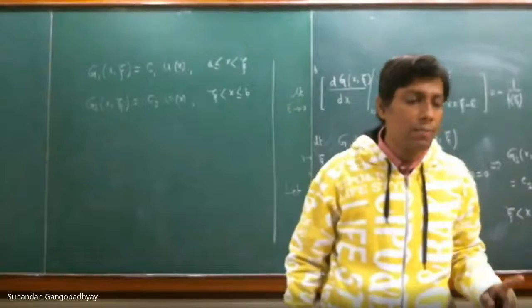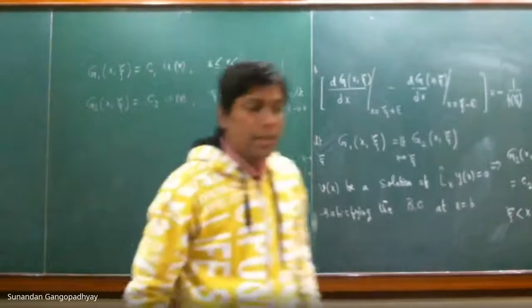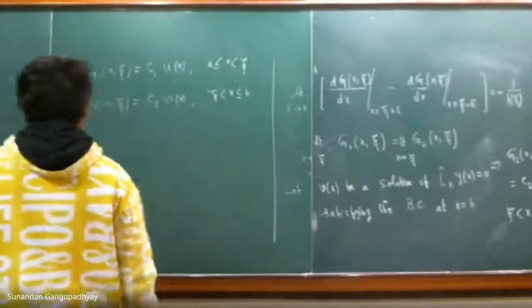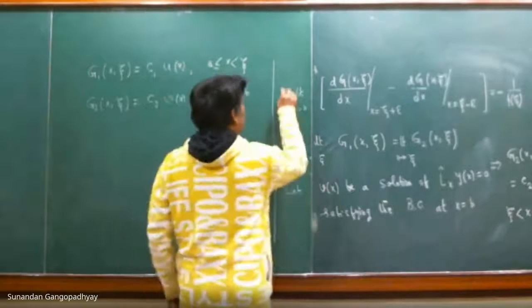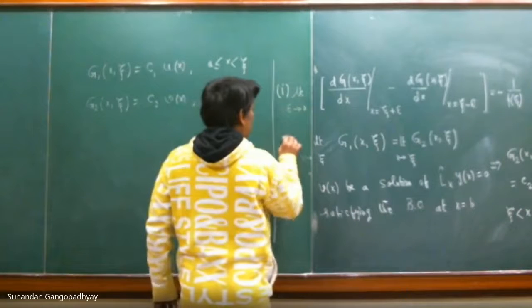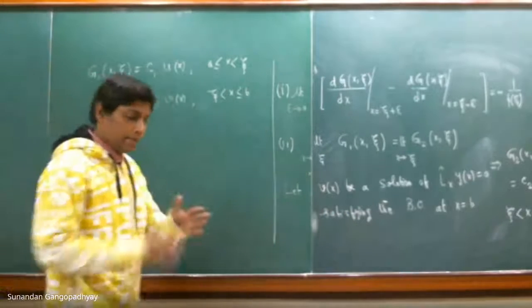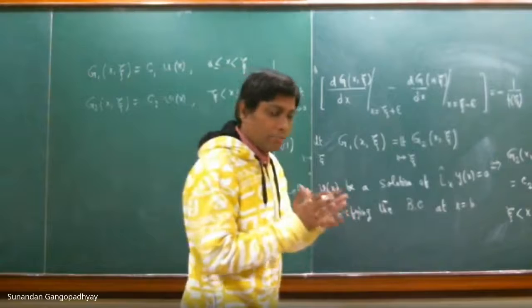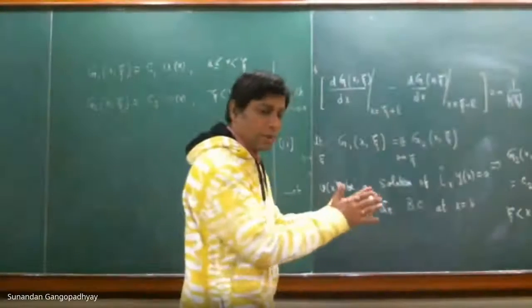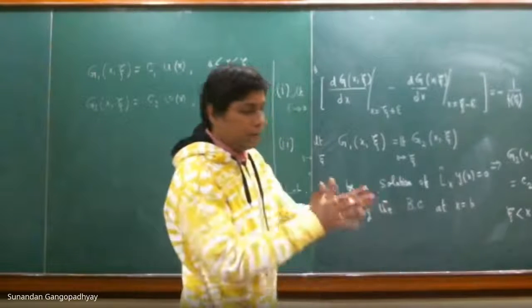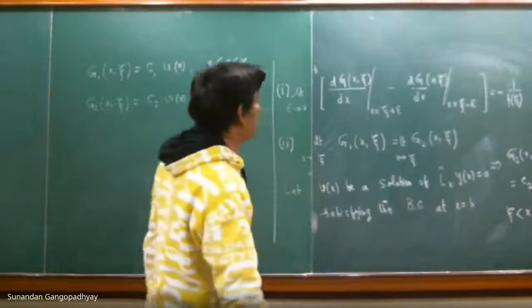U of x satisfies the boundary condition at x is equal to a, v of x satisfies the boundary condition at x is equal to b. And you also know that 1 and 2 are the conditions that the Green's function should satisfy. So this g1 is on the left side of the interval, and this g2 is on the other side of the interval.